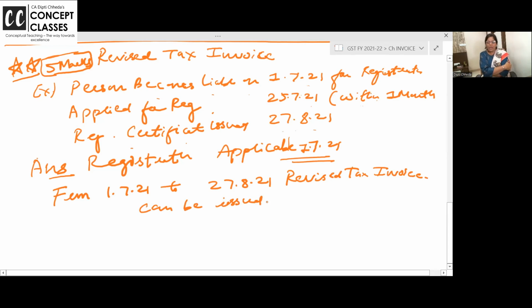Sir, you have been granted the registration on 27th August, but now you are liable to pay the tax from 1st July, the day you became liable for registration. Within 30 days you apply and got the registration, no? So the day you become liable, that is the day you are liable to charge the GST. But my registration number is in August. So from 1st July to 27th August, I need to issue a revised tax invoice. Now I can charge tax.